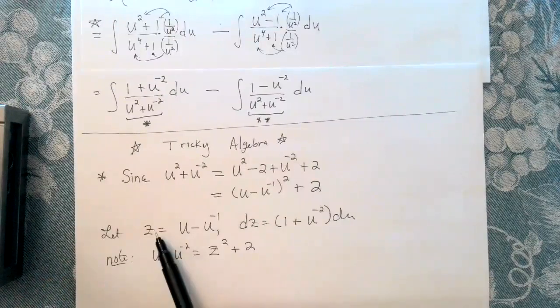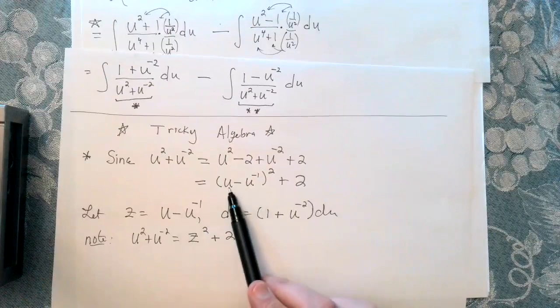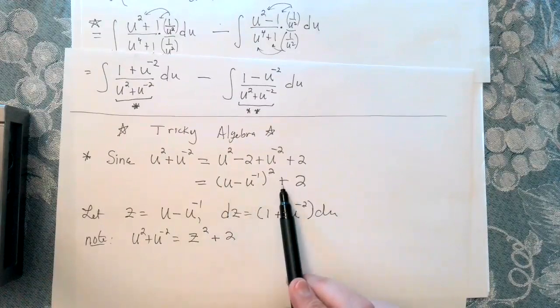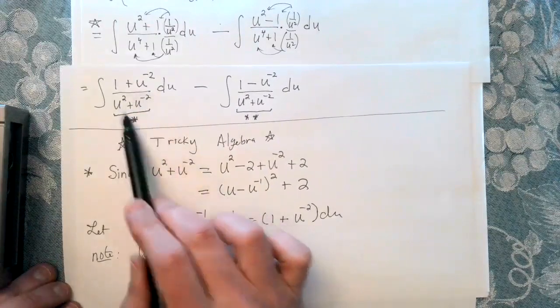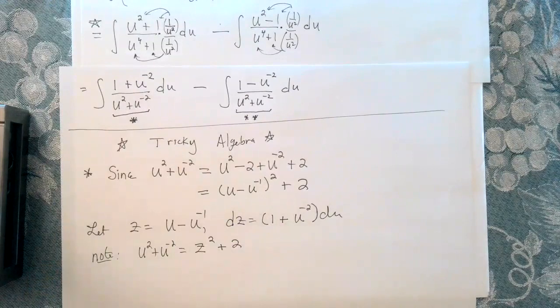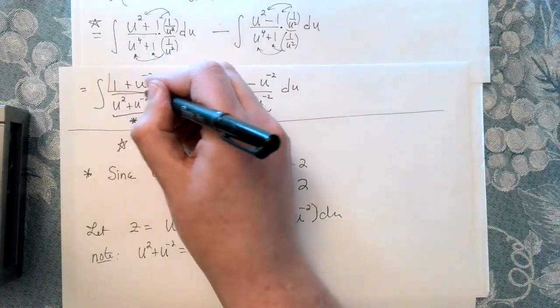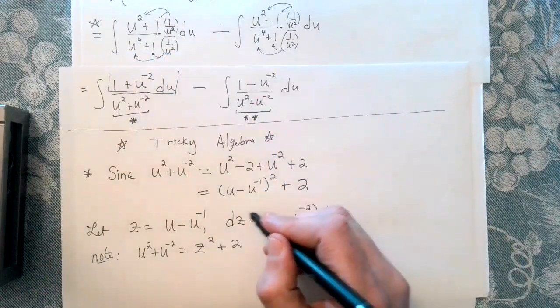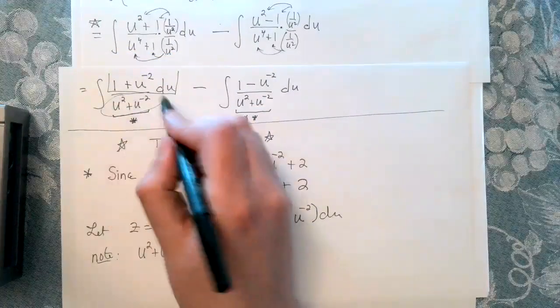Okay, so yeah, it should make sense. I mean, we're letting z equal this quantity, so every time I see this quantity, I can call it z. So that'll be z squared plus 2. It's useful because I can replace this, right? I can call this z squared plus 2. So that's handy. I'm able to replace this, and I'm able to replace this.